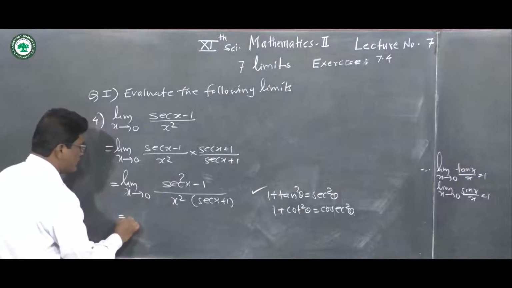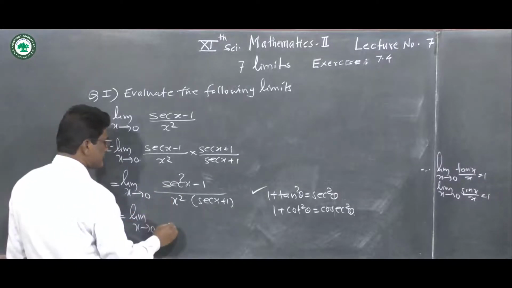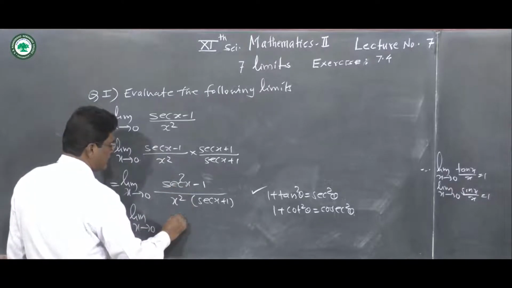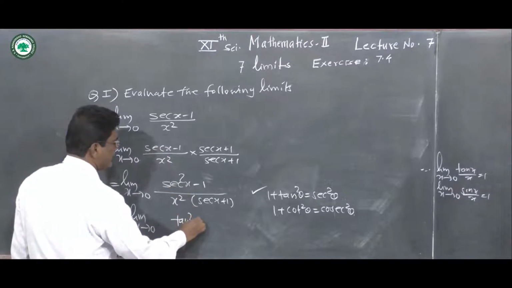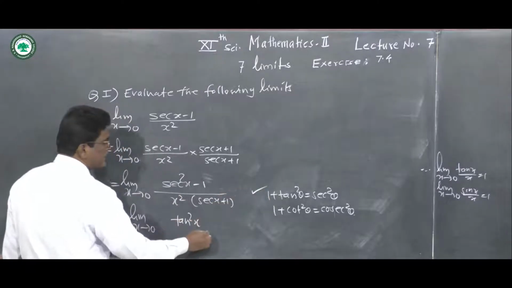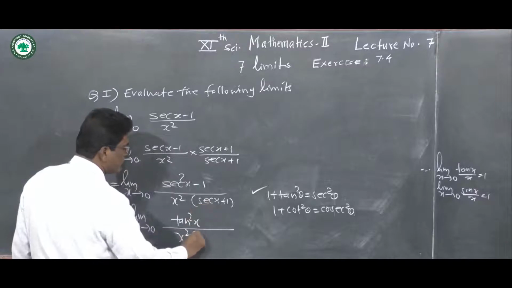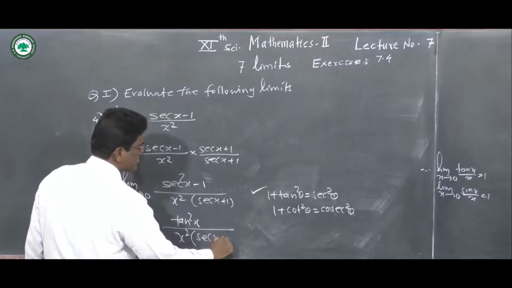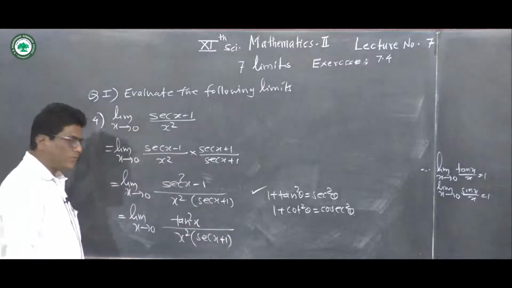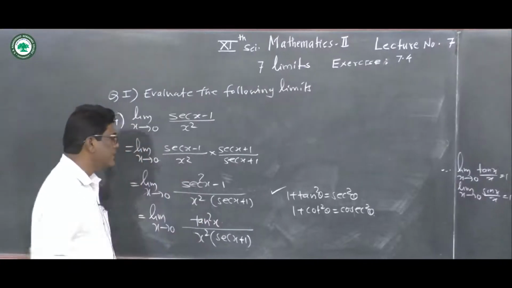So it is equal to the limit as x tends to 0. Here sec square x minus 1, using this fundamental identity, is tan square x upon x square as it is, into (sec x plus 1). Now for this tan square x upon x square, we use the standard formula.